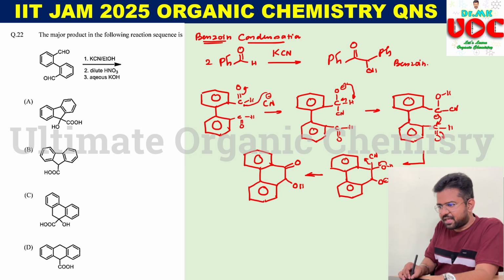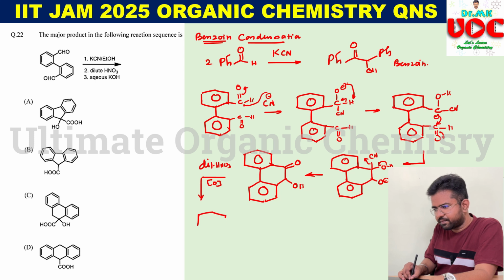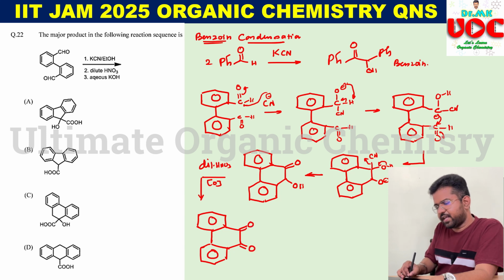The second step, this molecule is treated with dilute nitric acid. You know that nitric acid is an oxidizing agent. So it will oxidize the alcohol into the corresponding ketone, and it leads to the formation of a diketone.